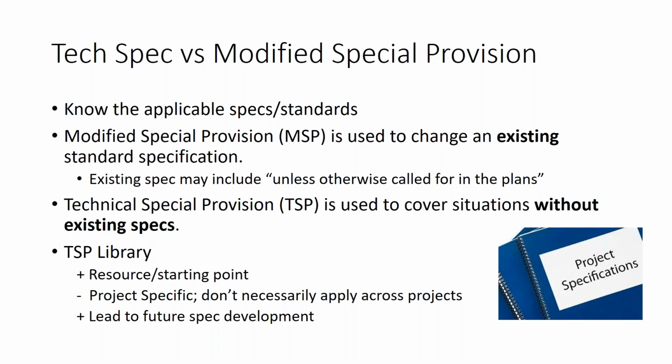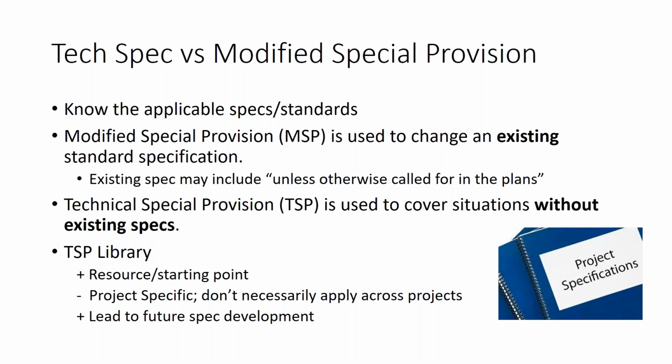They do have a text spec library available with some past specs, and while that's a great starting point, it should never be used without updating it for your specific project needs. That's why we have it as technical. It was designed specifically for a given situation.